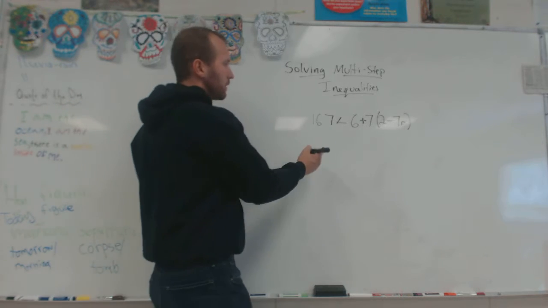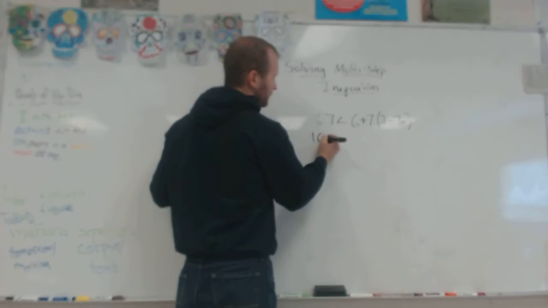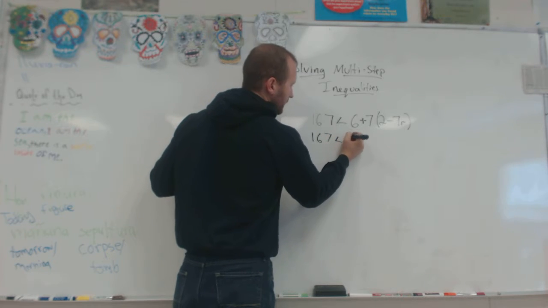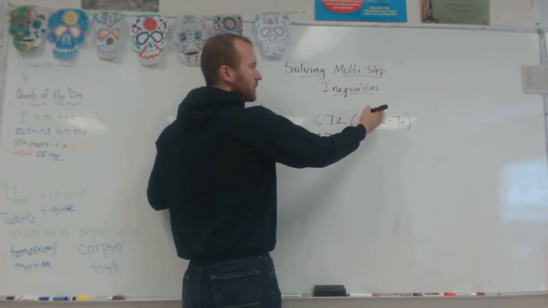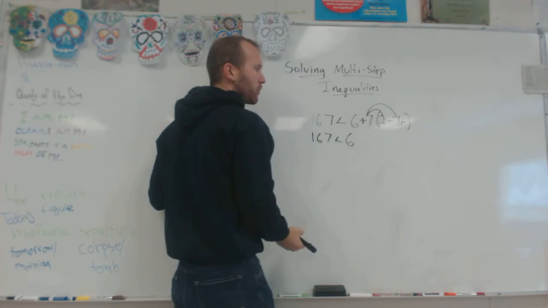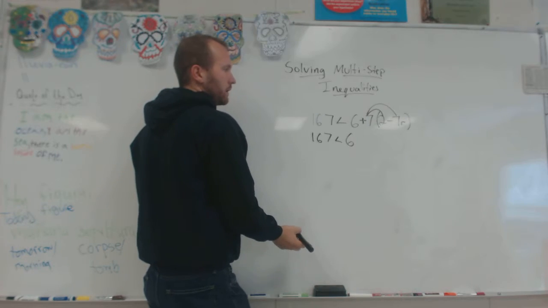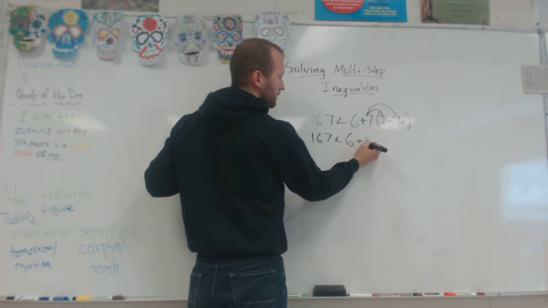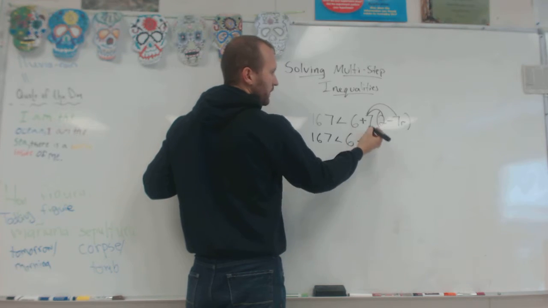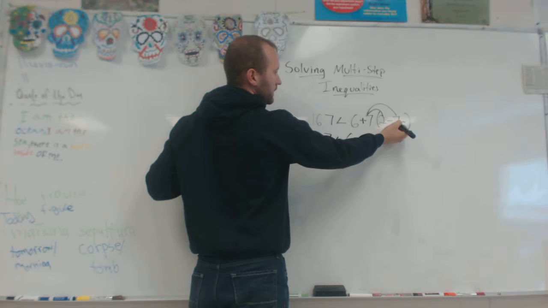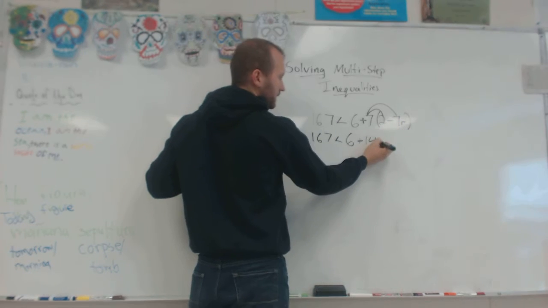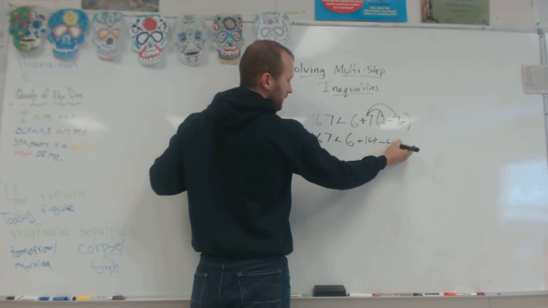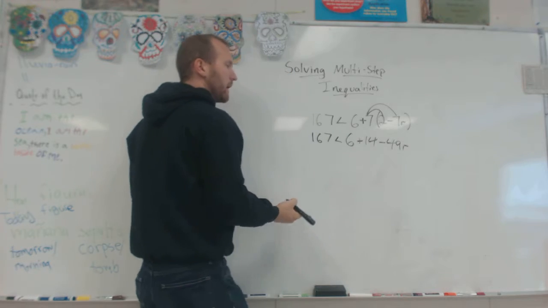That's right. So 167 is less than 6, and I'm just going to distribute the 7 through the parentheses. So it's a positive 7, so 7 times 2 is 14, plus 14. 7 times negative 7r, this negative stays there, or minus 7, minus 49r.